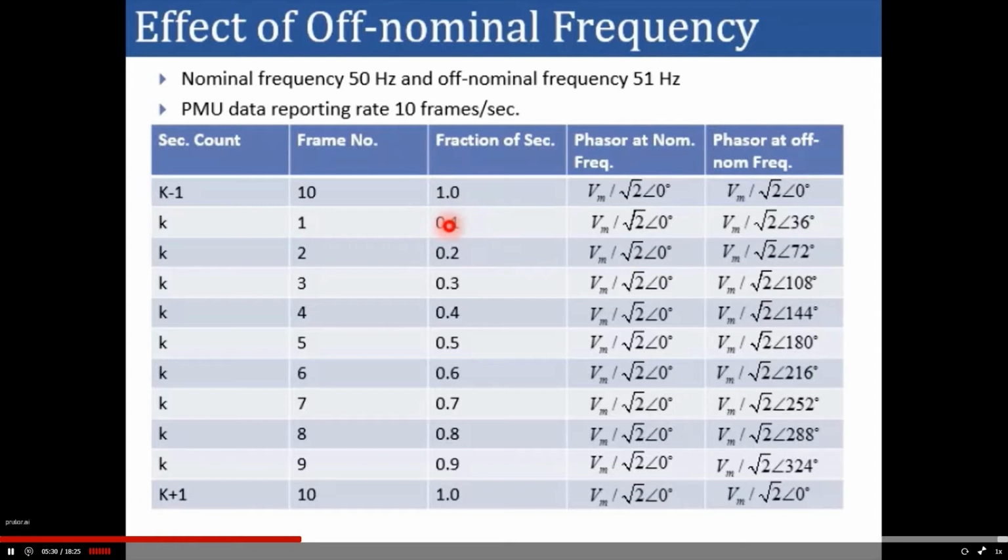So if you sample the data with nominal frequency and take the phasor value which is now at 51 Hertz, that is off-nominal frequency, on the phasor plane you will see the phasor rotating with these angle values. So the effect of off-nominal frequency is that the phasor value will not be static; it will keep on rotating in the plane.